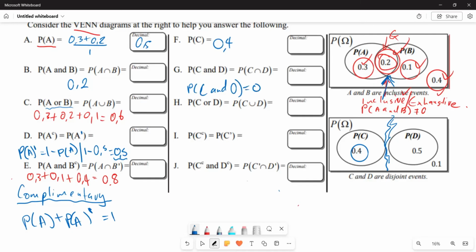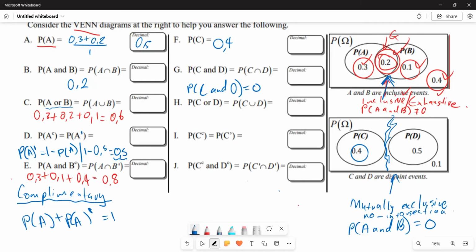And these types of events that are disjoint, we are saying they are mutually exclusive, because the probability of A and B is equal to 0. There is no intersection. Hopefully we are getting this now, right?